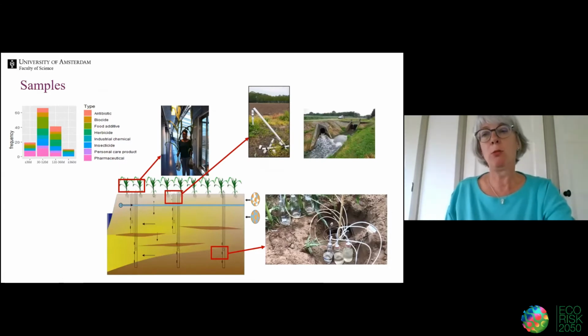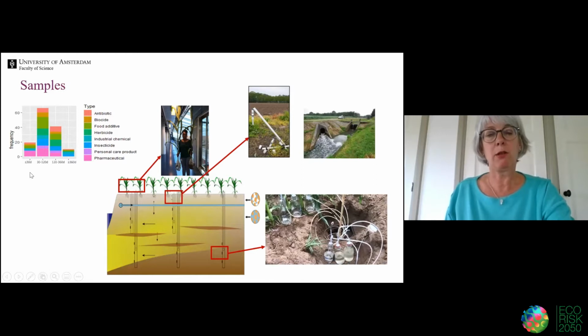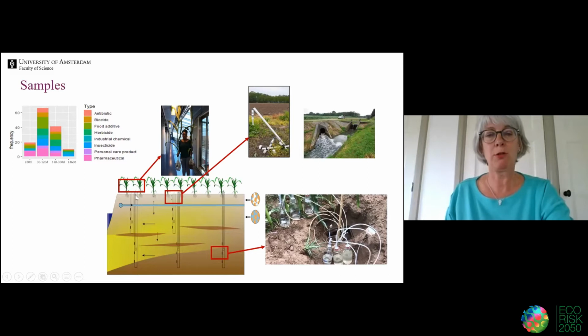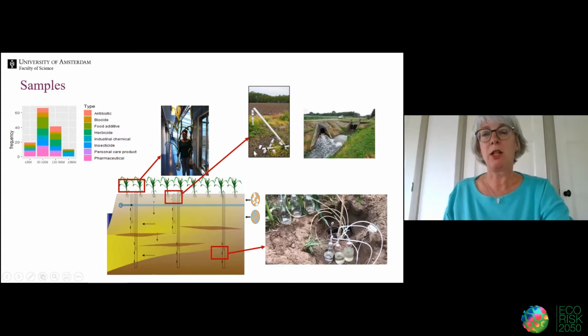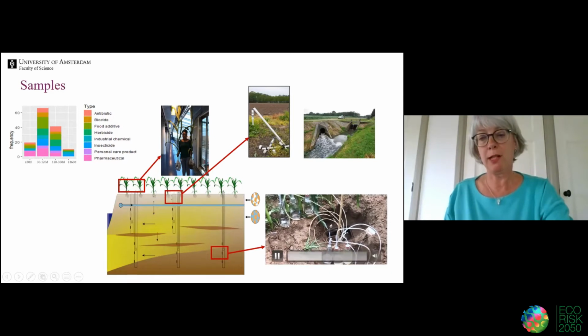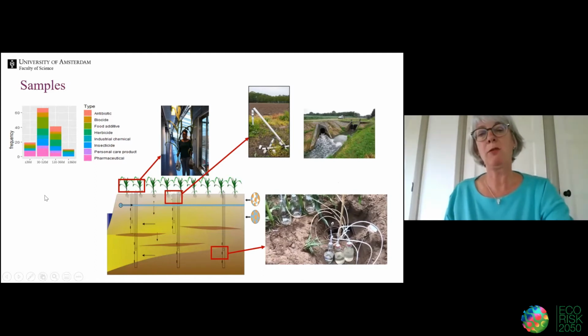So we want to know more of the system, and we are doing a lot of measurements with non-target high-resolution mass spectrometry, but also with target high-resolution mass spectrometry. We take samples from the crops. Here you see Dominique with these maize plants. We take samples from high in the soil, but also very deep in the soil, and from the surface water, so that we can better understand the fate of the substances.